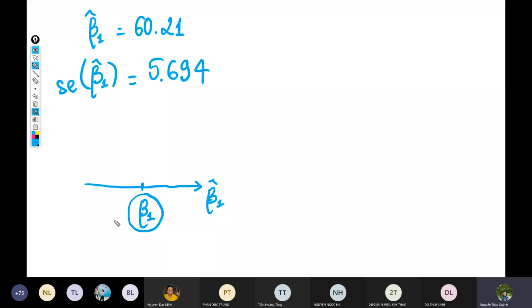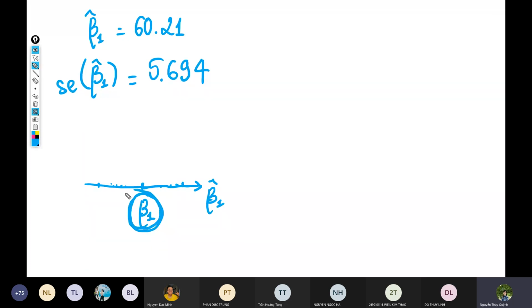Now if beta 1 hat is about 60.21 and its standard error is just 5.694, then the observations of beta 1 hat will be quite close to the actual value of beta 1.